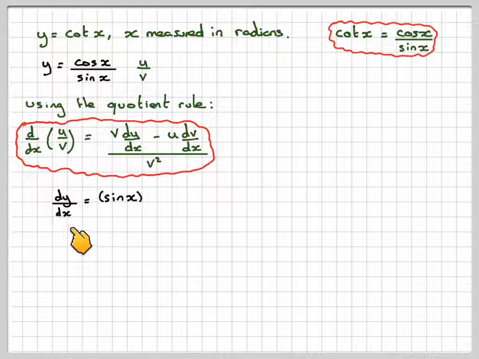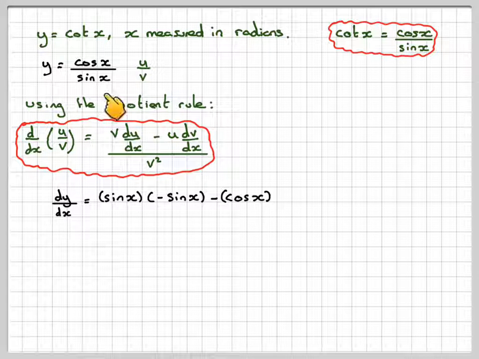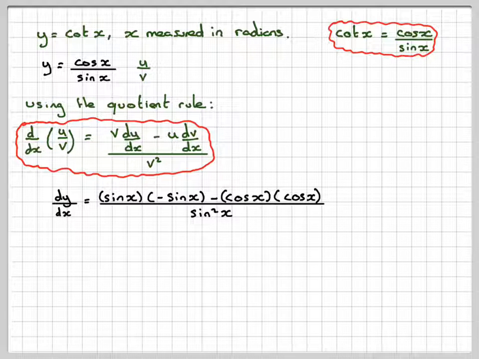So dy/dx will be equal to v, which is sine x, times du/dx, so the differential of cos, which is minus sine x, minus u, which is cos x, times the differential of sine, which is cos x, all over v squared, which is sine squared x.